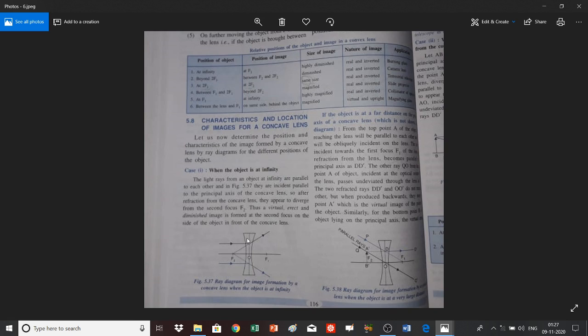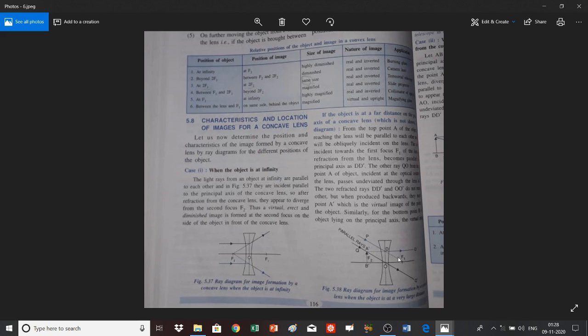So remember, for a concave lens, if parallel rays fall on it, then it will diverge, okay, diverging from the second focal point. And if another ray is converging towards the first principal point, then after refraction it will move in a direction which is parallel to the principal axis.